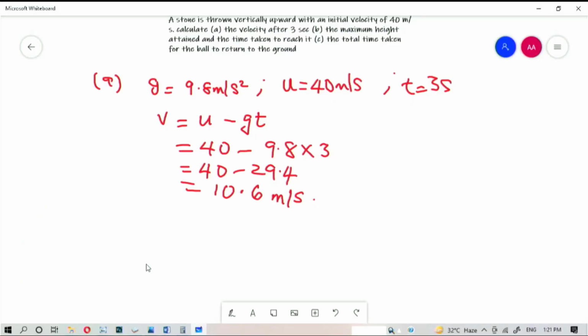So let's solve B. The maximum height attained and the time taken to reach the maximum height.